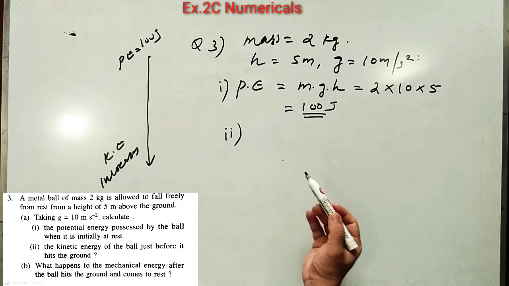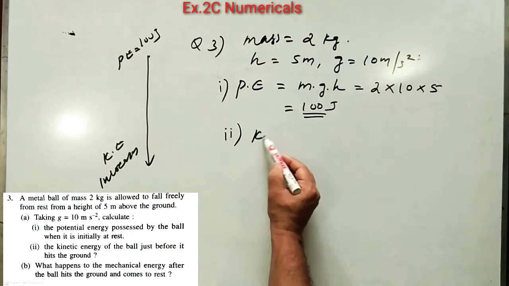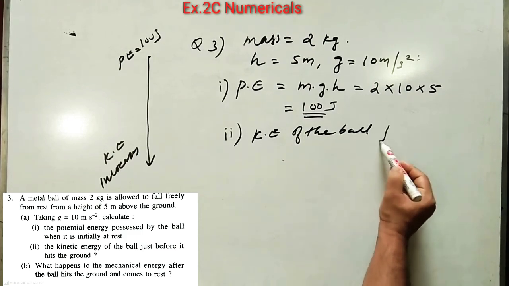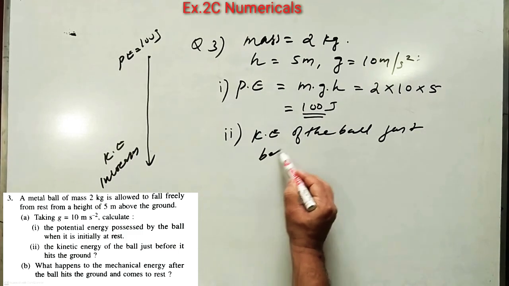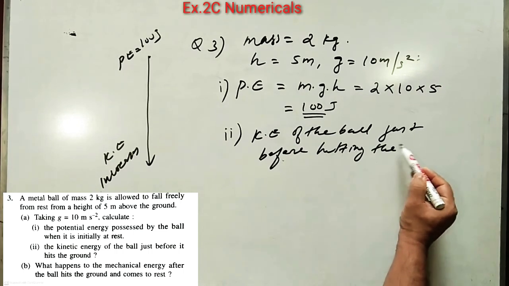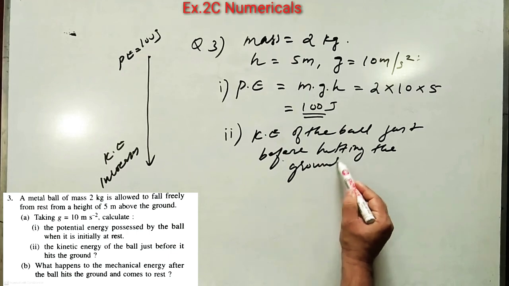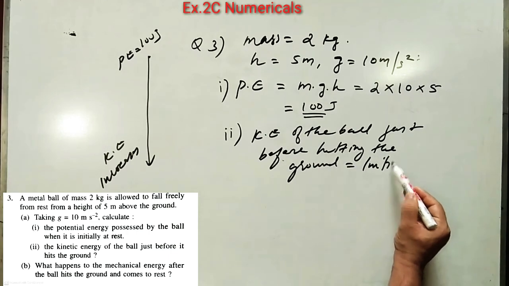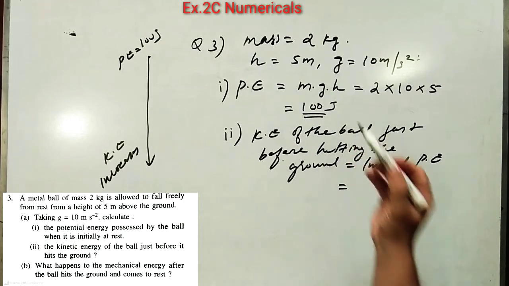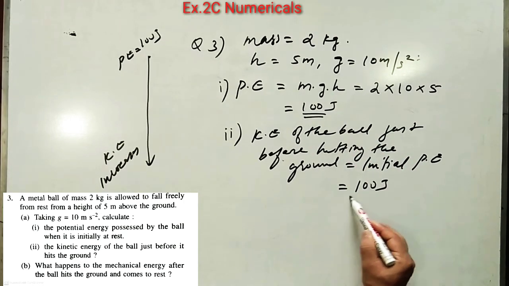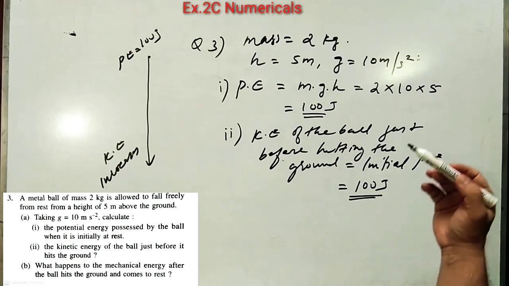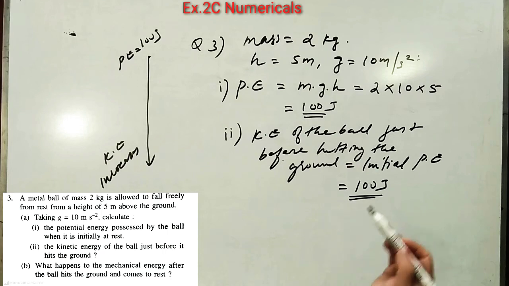The kinetic energy of the ball just before hitting the ground is equal to the initial potential energy. We have already calculated that, it is equal to 100 joule according to the work energy principle. Clear? No energy is destroyed, no energy is created. So that is equal to 100 joule.